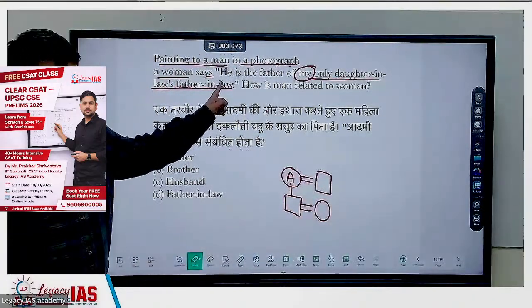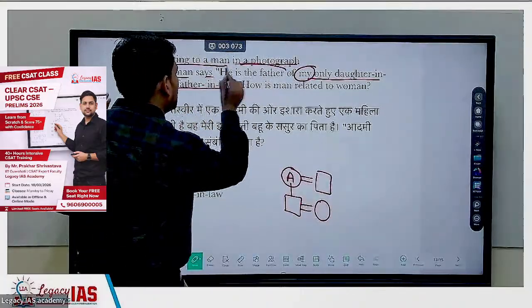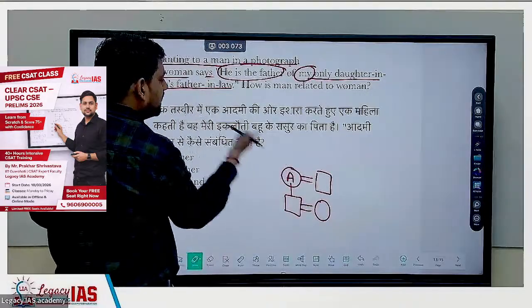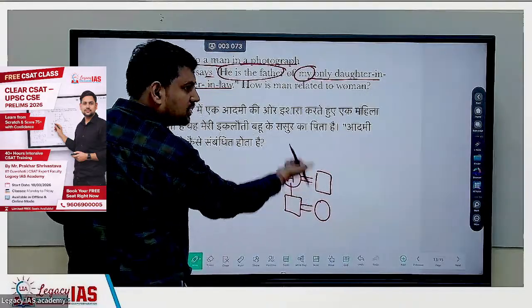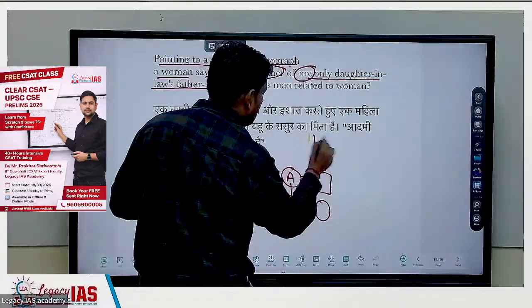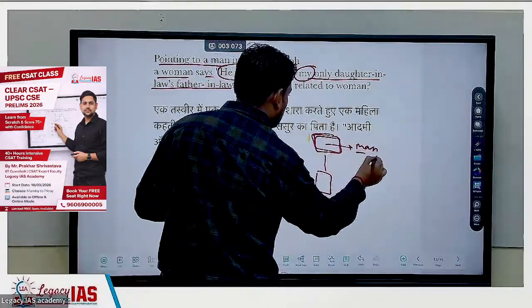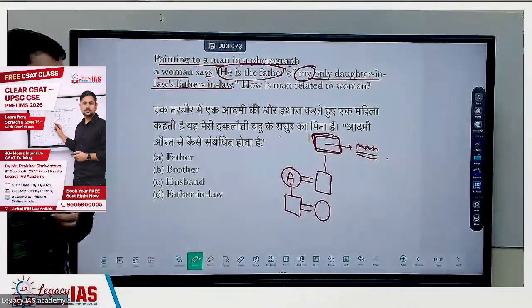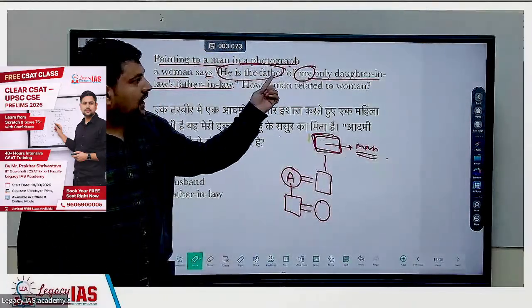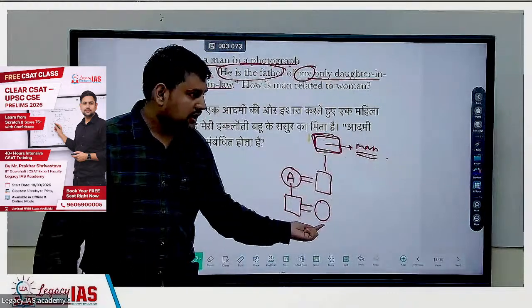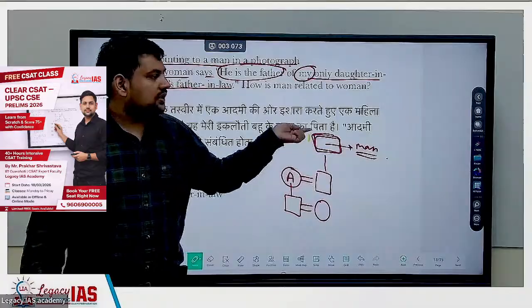Now read the first part. He is the father of my only daughter-in-law's father-in-law. So he is the father of this person also. So this is that particular man, the man in the photograph.